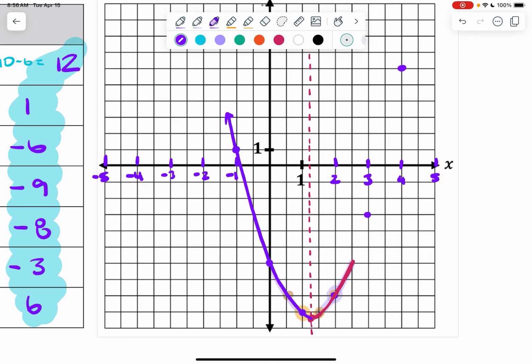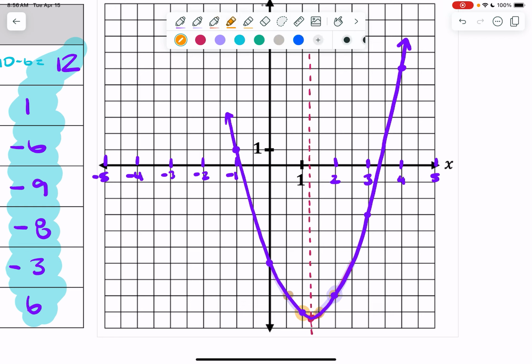And I'm going to do it again on both sides. Make sure I get the best possible shape I can. If I graph things and I'm like, whoa, I really have to swerve out of the way to hit those points, then I am going to go ahead and adjust that.